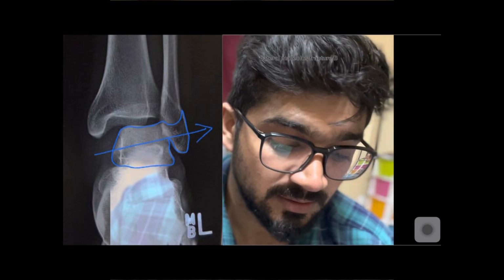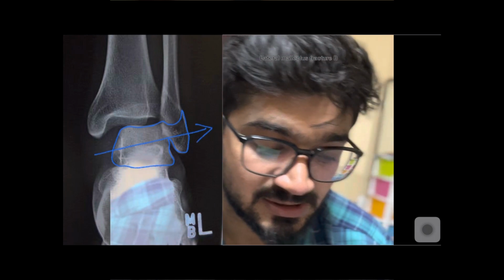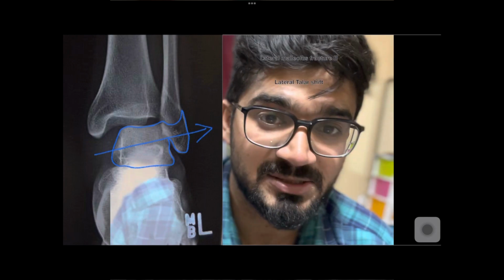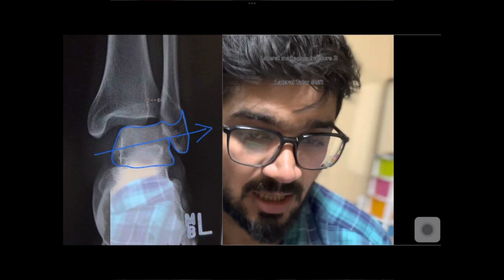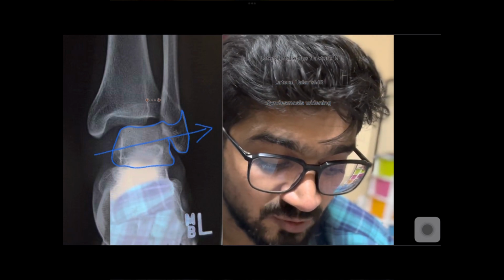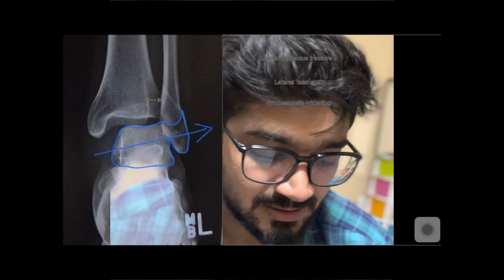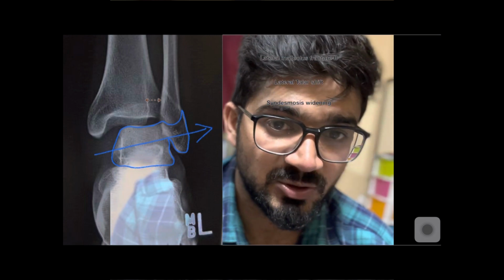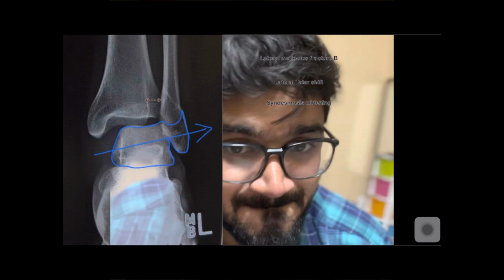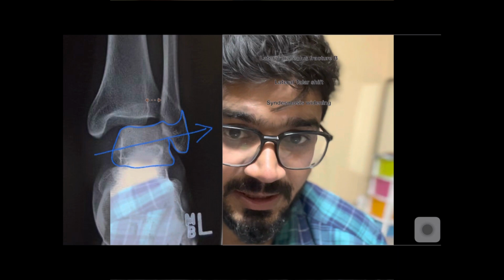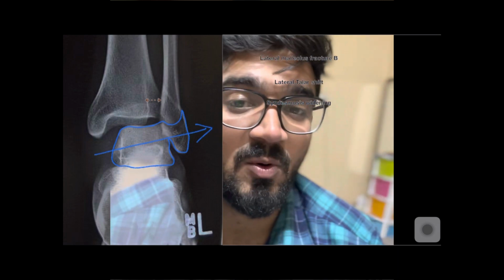Number 3, the syndesmotic injury. As you can see with the white arrows, the syndesmotic widening has occurred. And the last thing, if you look at the medial clear space, this space is between the medial aspect of the talus and your medial malleolar lateral surface. This space is increased and it is definitely more than 4 mm.